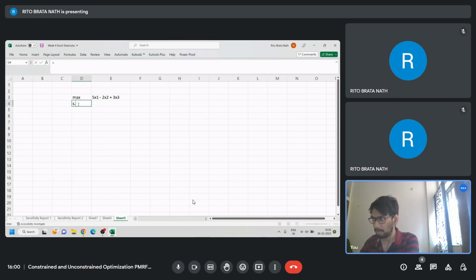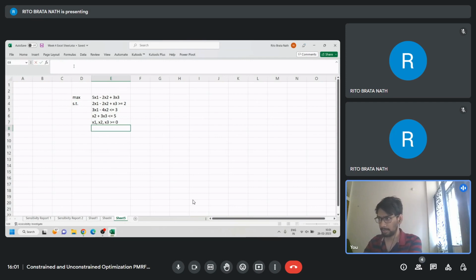This is subject to, so it's 2x1 minus 2x2 plus x3. This is greater than equals 2. Next one is 3x1 minus 4x2 less than equals 3. Then it's, sorry, it's x2 plus 3x3 less than equals 5. And x1, x2, x3 are all non-negative. Okay, so let's solve it.